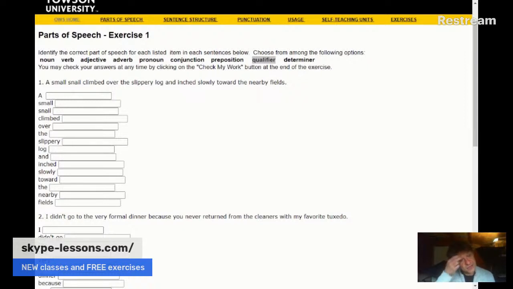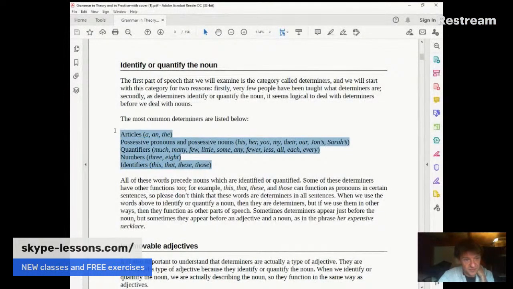Okay, so I hope that's been useful and I hope that will help you with the exercises. I hope it will help you choose the right answers. Please do just memorize the determiners. I really do recommend it. Let me just quickly put it back up here. I do recommend just learning this list for the determiners because it makes it easier.